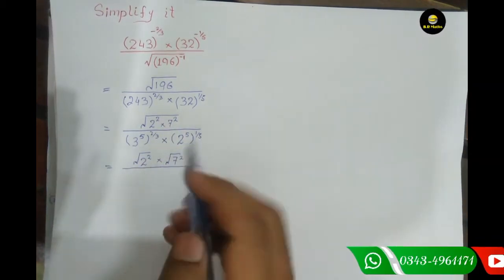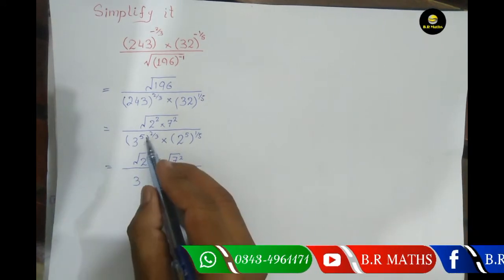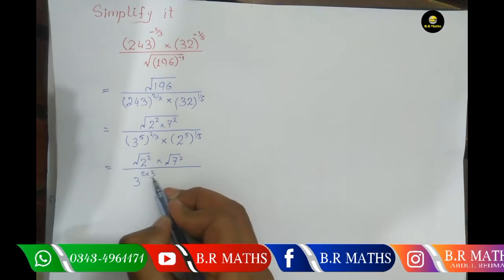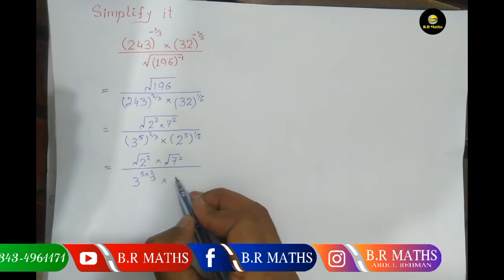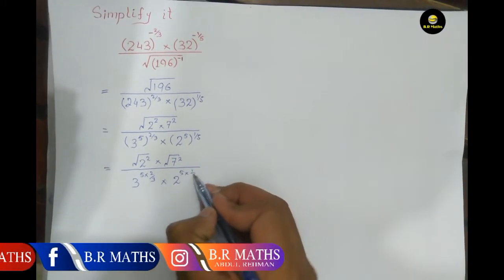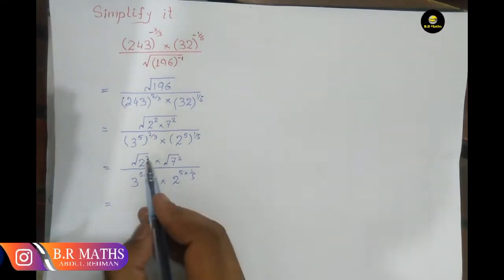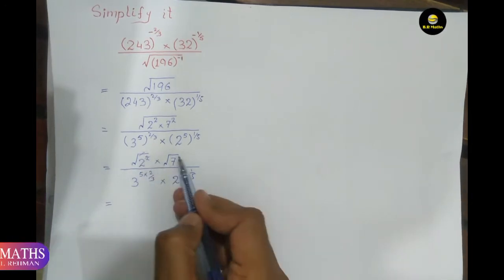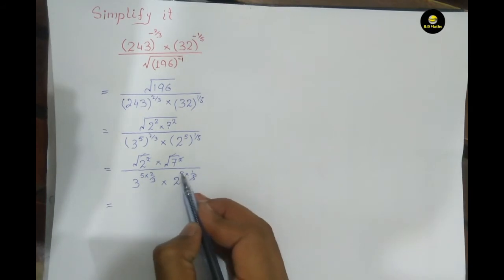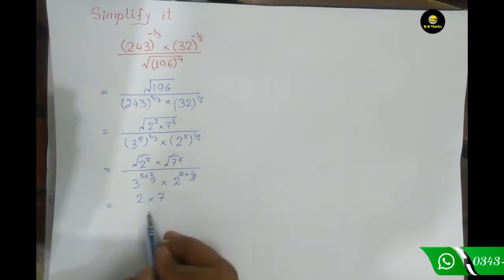Next, 3 raised to power 5, when we open the bracket, the power becomes 5 multiplied by 2 over 3, and here 2 raised to power 5 multiplied by 1 by 5. So the 2 cancels with the square root, and here 2 raised to power 5 over 5, the 5 cancels with 5, then 2 multiplied by 7.